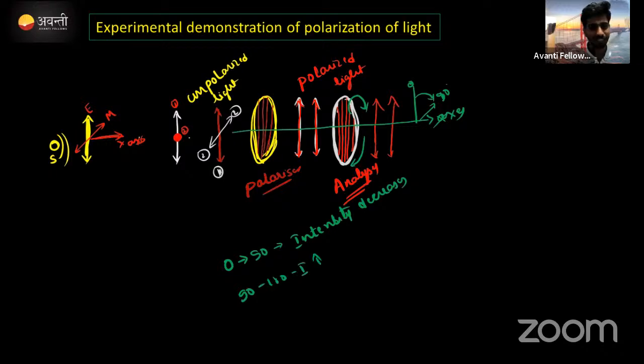Intensity increases, and further 180 to 270, intensity again decreases, and again 270 to 360, intensity increases. Like this it will take place. This is the experimental evidence for how to make polarization of light from unpolarized light. I hope you guys understood this one.